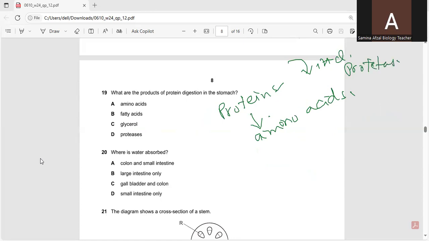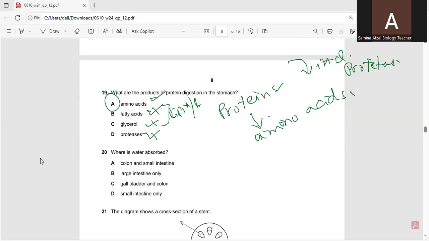Protease is an enzyme for the digestion of proteins. So amino acid is the correct option. Fatty acids and glycerol are the products of fats and lipids. And protease is an enzyme, so only A is the correct option, because when protein is digested, it is changed into amino acids.